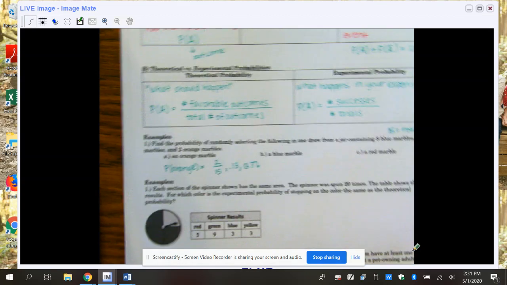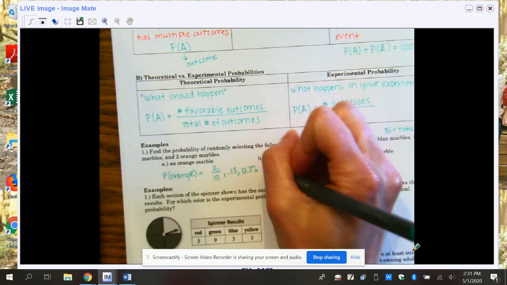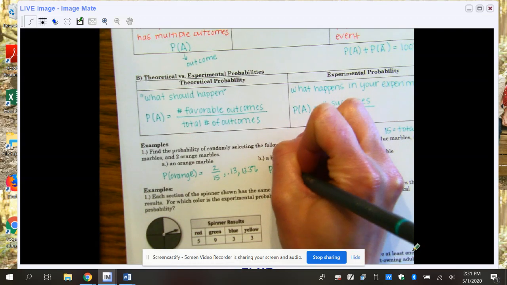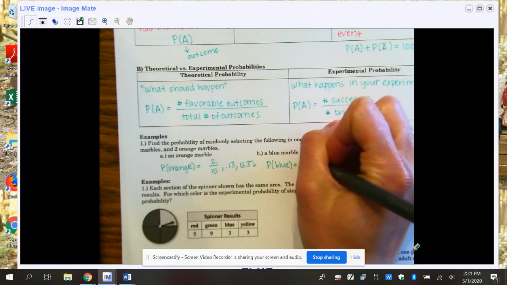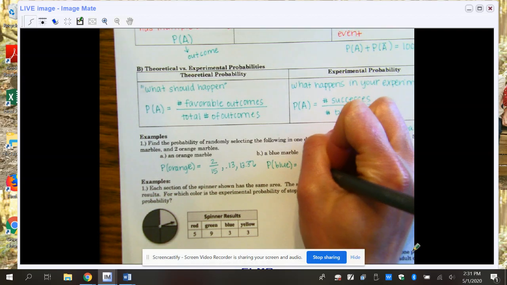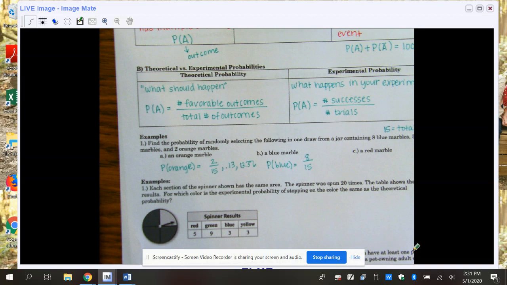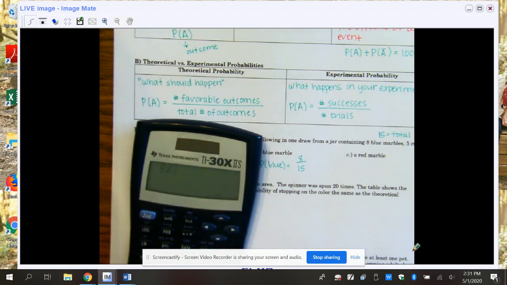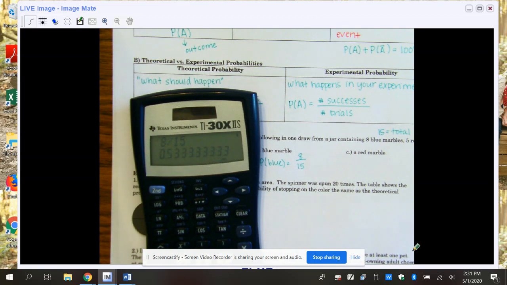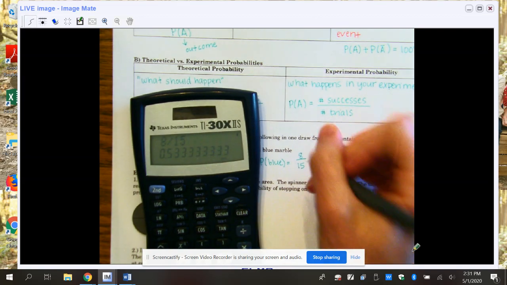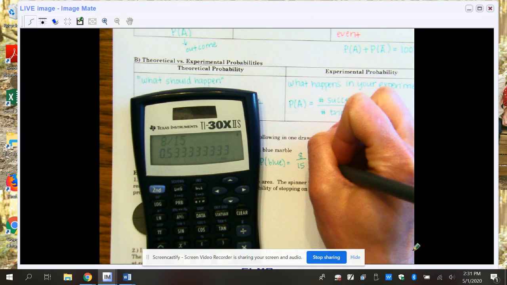Okay. All right, so next we're going to find the probability of a blue marble. And so there are 8 blue marbles, still out of 15. So if you left it as a fraction, you'd be done here. 8 out of 15. I'm going to skip the decimal. Honestly, like I said, most people will choose to do percents here.